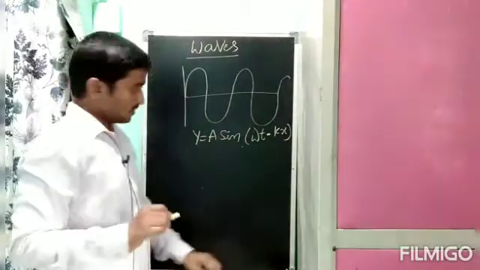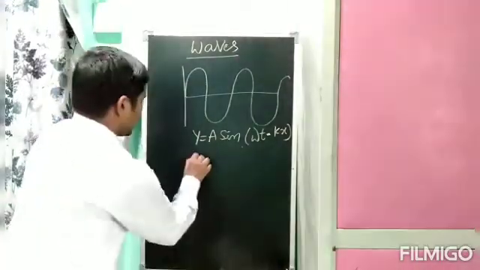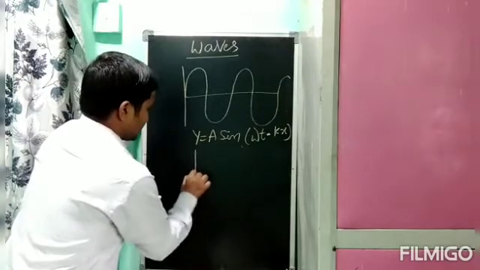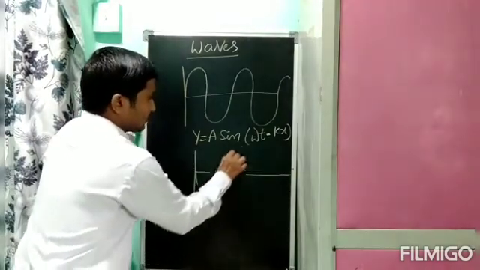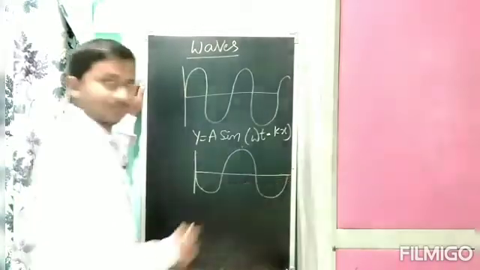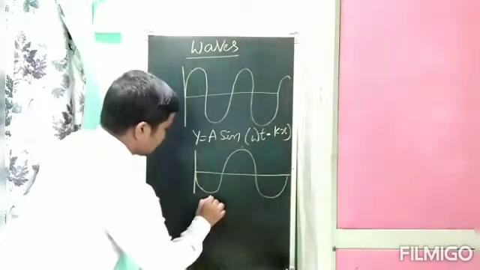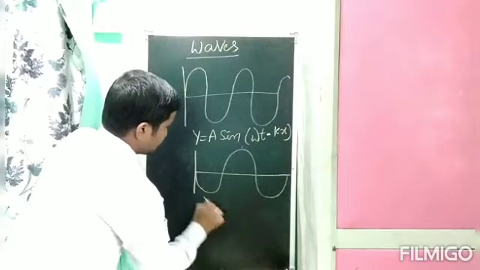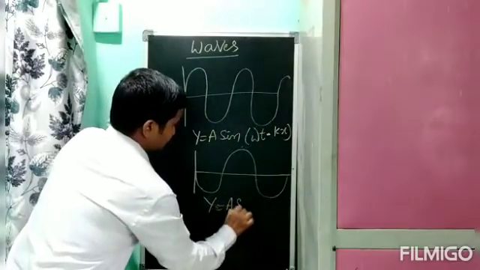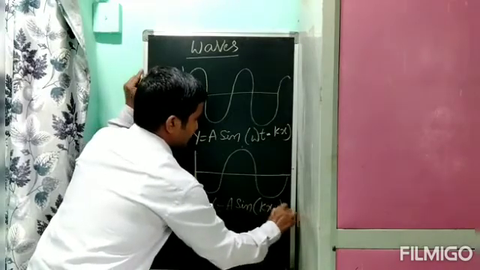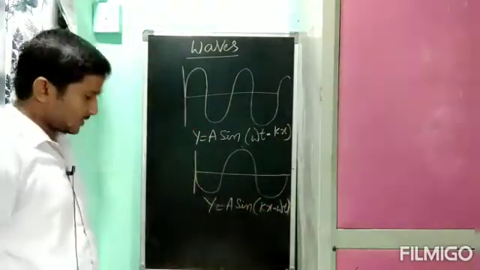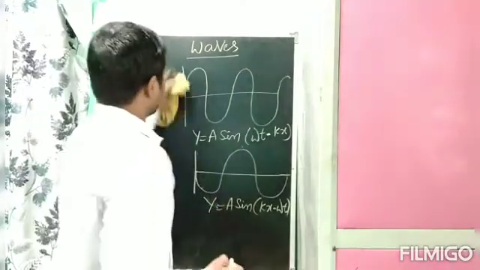From the beginning. Whereas, suppose a wave starts with a trough and moves towards the positive x direction, then the wave equation is given by y = a sin(kx − ωt).